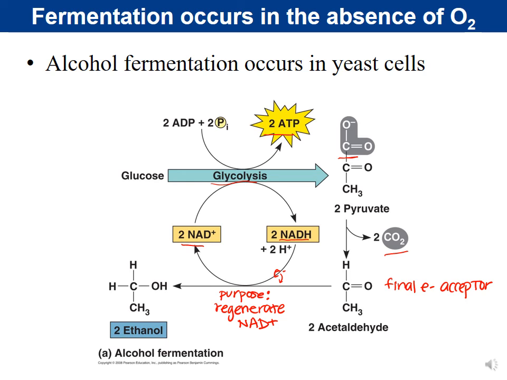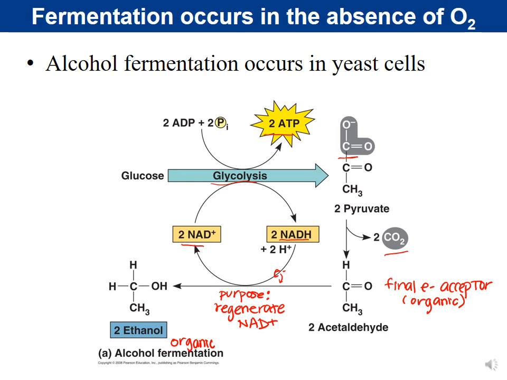The product during this process is going to be alcohol, ethanol. So this is our product. Notice that my product is organic because it has carbon and hydrogen. My final electron acceptor was organic because it had carbon and hydrogen.